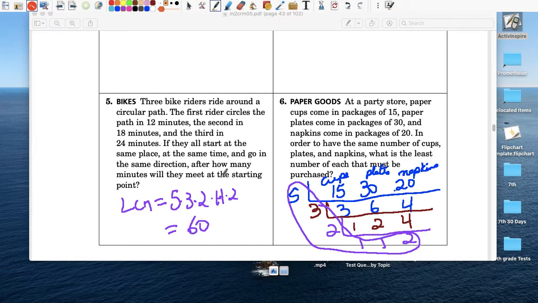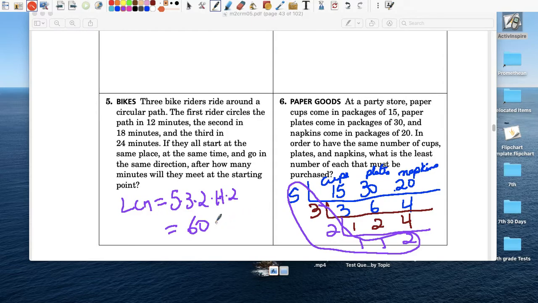Okay, so he needs to buy 60 cups, 60 plates, and 60 napkins. And that's the least amount, right? So to make sure that we have the same number, he needs to buy 60 cups, 60 plates, and 60 napkins.